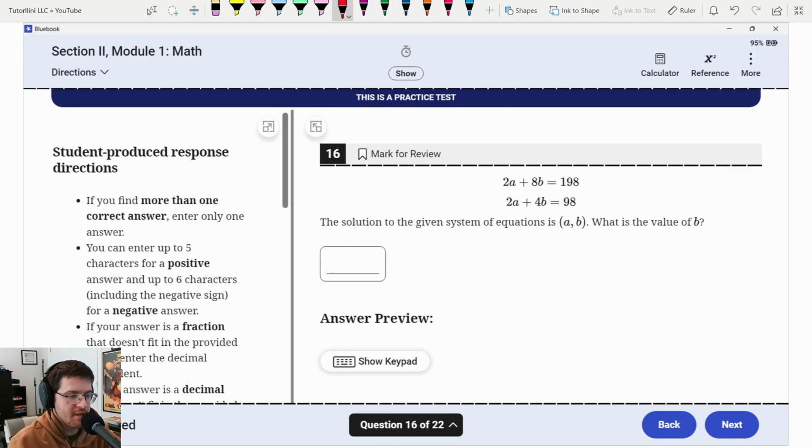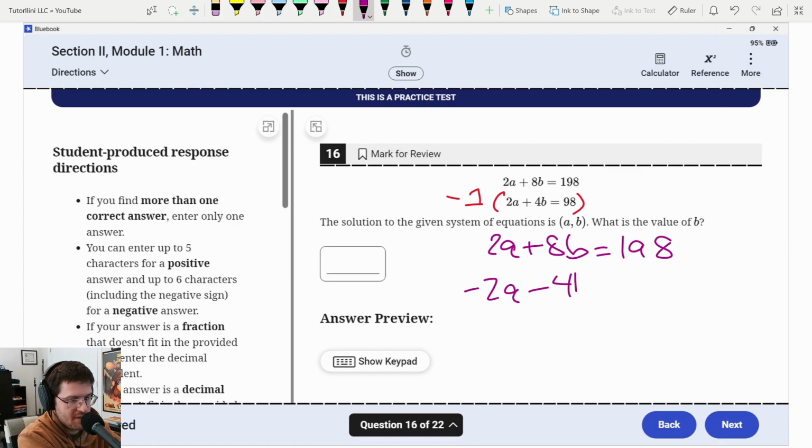Okay, question 16. We really want to get B. I'm going to use elimination for this one. It seems like eliminating A is going to be super straightforward because they both have a 2 in front of them. So how about I just multiply the second one by -1, and then I'll add them. So 2A plus 8B equals 198. -2A minus 4B equals -98.